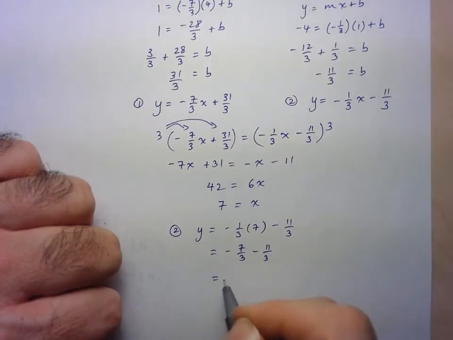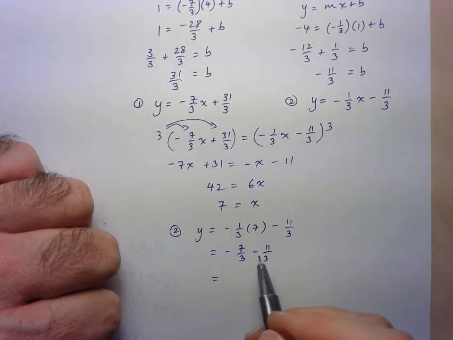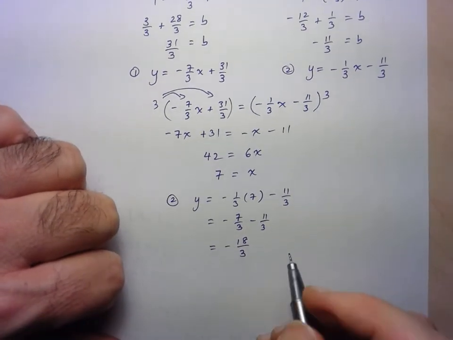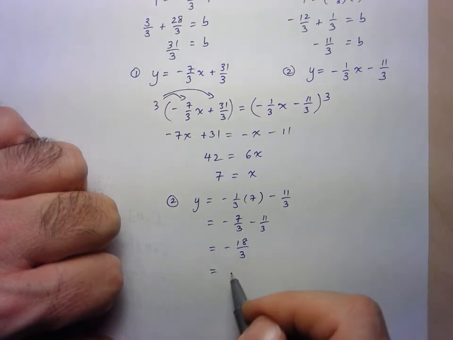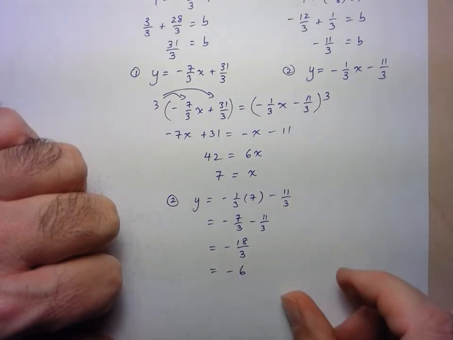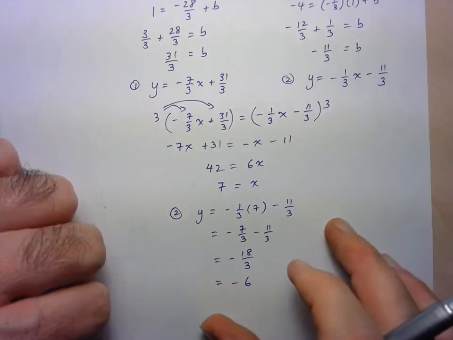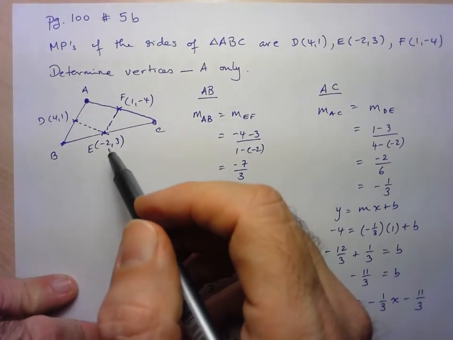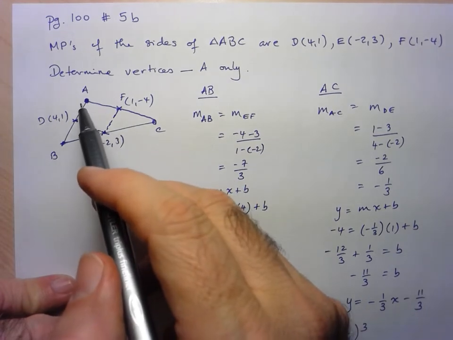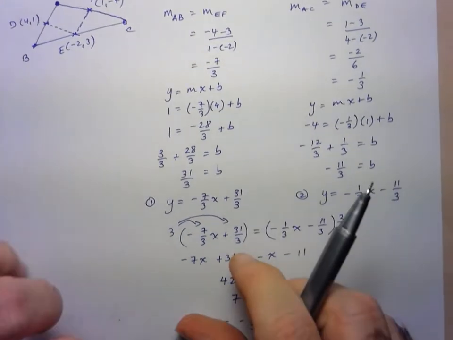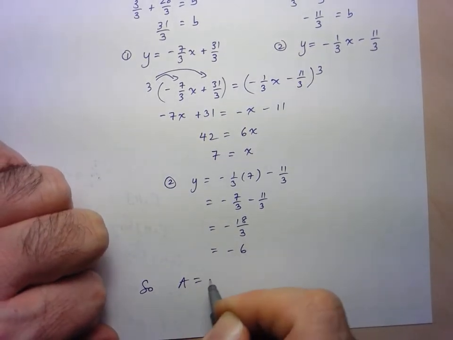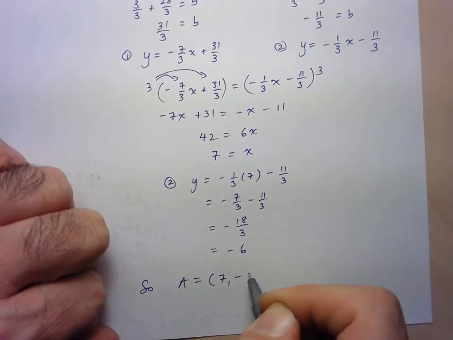Negative 7 minus 11 is negative 18 over 3, and that actually turns out to be a nice number, just negative 6. Based on the way I drew my diagram, you might have called a different point A. The point A that we found is just equal to (7, negative 6).